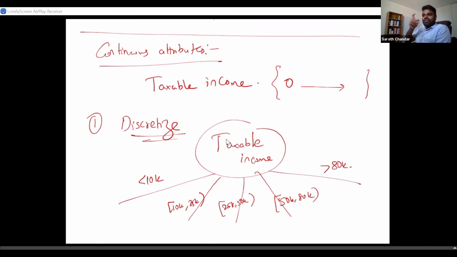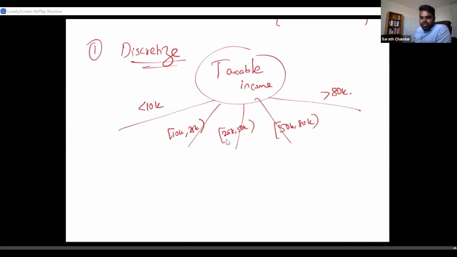We could come up with these intervals. Now this becomes a discrete problem. So again, the same question: who is going to give me these intervals? Maybe for taxable income there are federal tax brackets that you could use as the intervals.